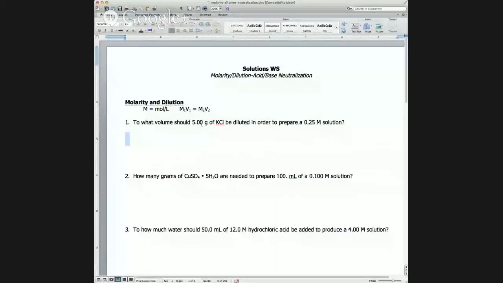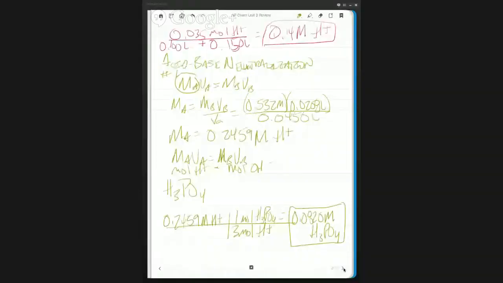To what volume should 5 grams of KCl be diluted in order to prepare 0.25 molar solution? So we have, this is on the molarity and dilution side.